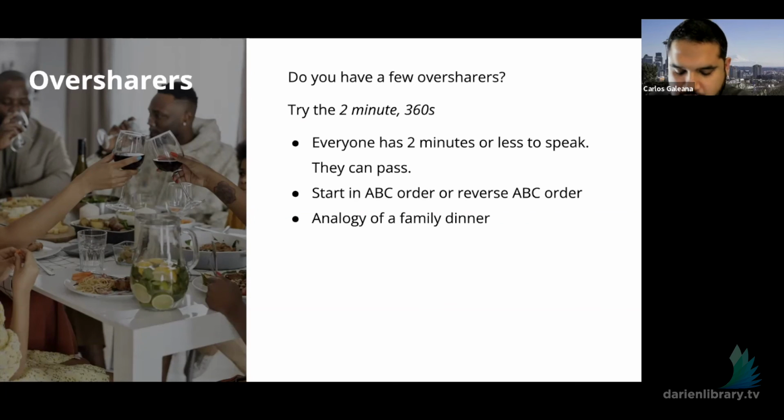One way to do this is you can start in ABC order, or you could do a reverse ABC order as well. And everyone gets 2 minutes, no more, no less, but people can pass as well. So doing that kind of family type of structure can really help you with those oversharers, people who tend to go more than once and talk throughout the meeting.